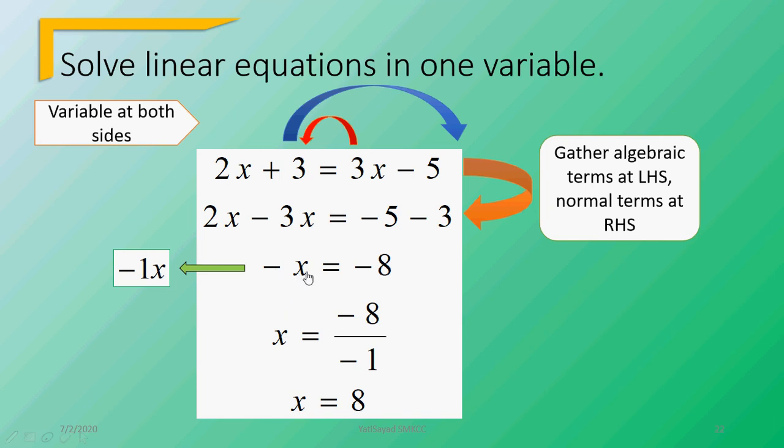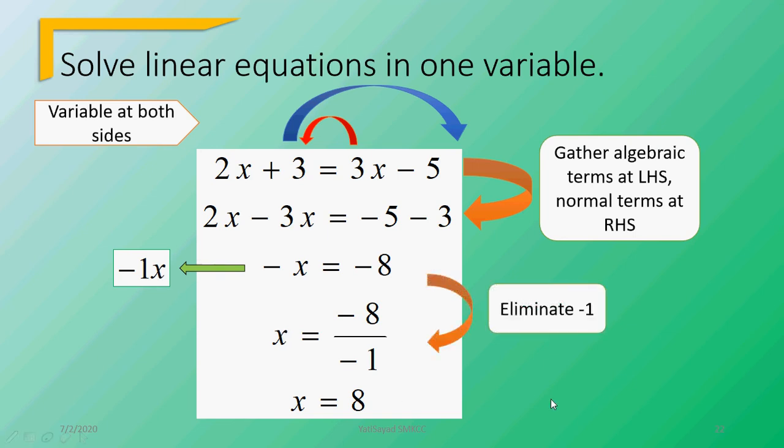Okay, again, your objective in solving linear equations is to find the value of your variable. The variable is x, not negative x. So meaning you have to get rid of this negative. There are two methods. First method as shown here: since negative x is actually negative 1x, you have to eliminate the negative 1 by dividing it on the right hand side.